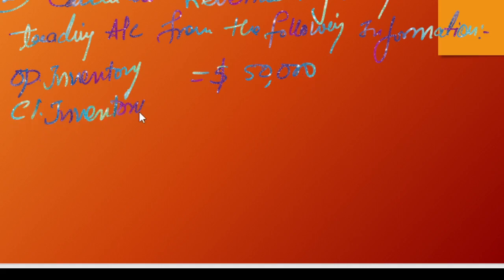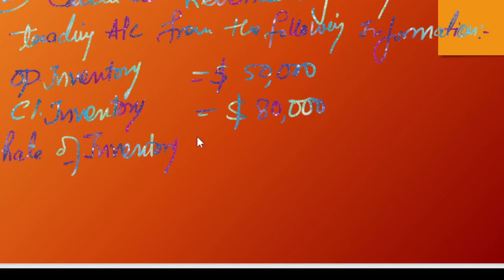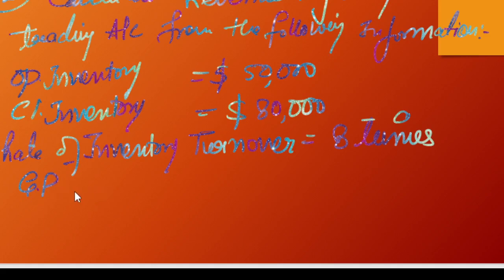Opening inventory $50,000, closing inventory $80,000, rate of inventory turnover is 8 times, and GP margin is 20%.